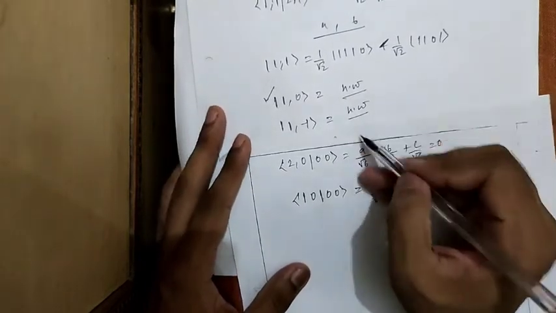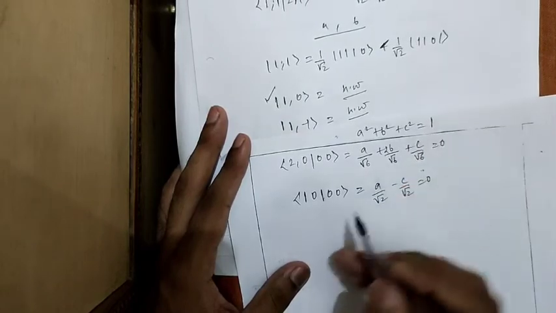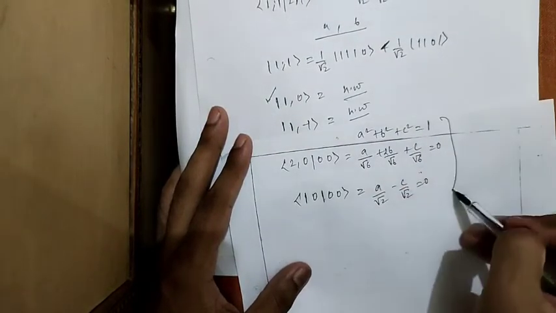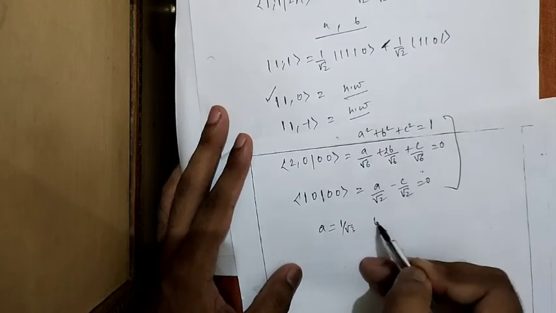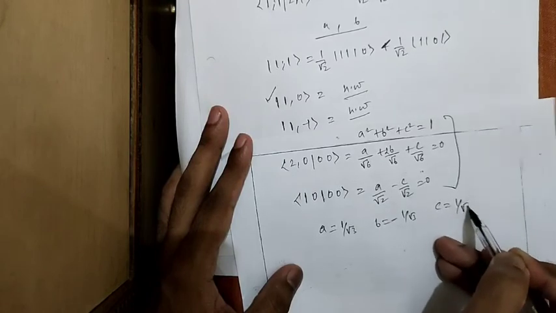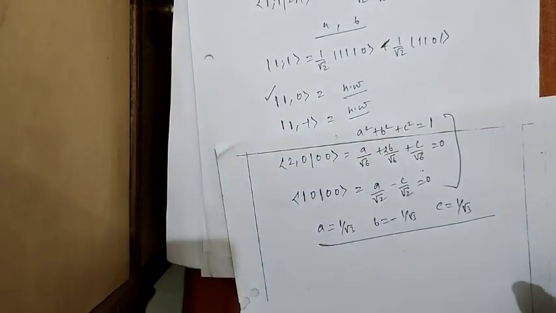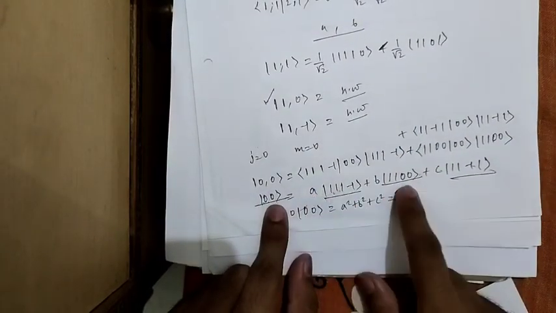And from all these three equations, including a squared plus b squared plus c squared equals 1, you can find that a equals 1 by root 3, b equals minus 1 over root 3, and c equals 1 over root 3. And this way you can find your 0 0 eigenket by substituting the values of a, b and c.